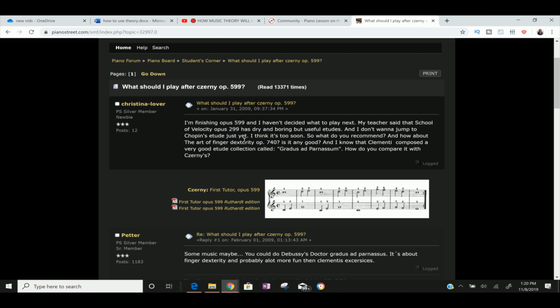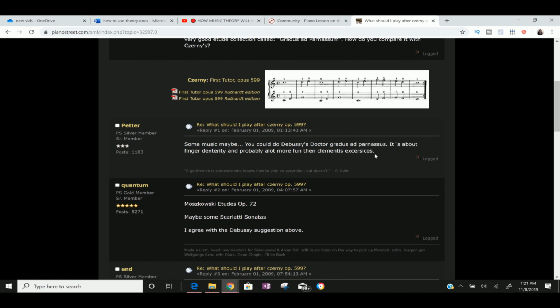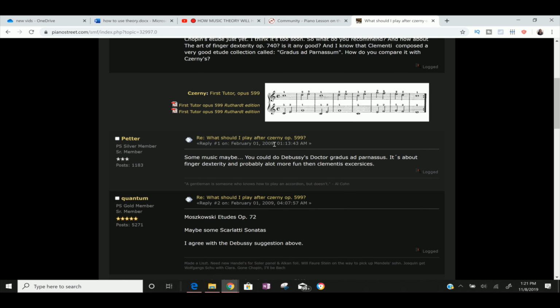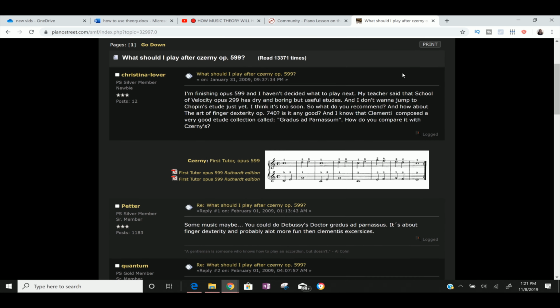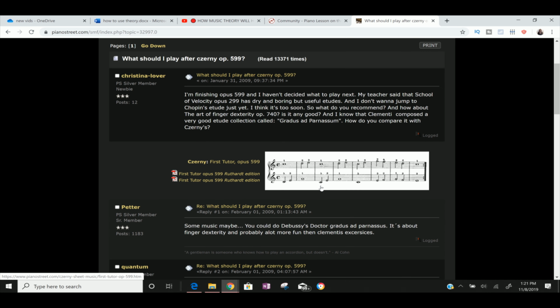Okay, I see what's going on here. Someone composed a very good etude, Gradus ad Parnassum. Oh, he did a different one, huh? How do you compare it with Czerny's? You could do Debussy's Doctor Gradus ad Parnassum. It's about finger dexterity, so I do agree with that. There's also Debussy's Children's Corner, I think, but they are quite a bit more advanced than this Czerny etude.